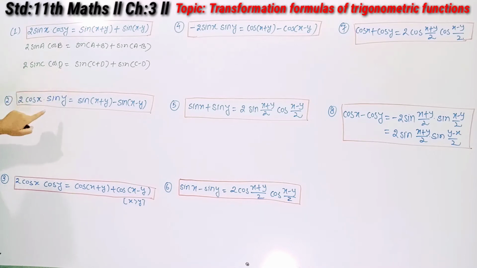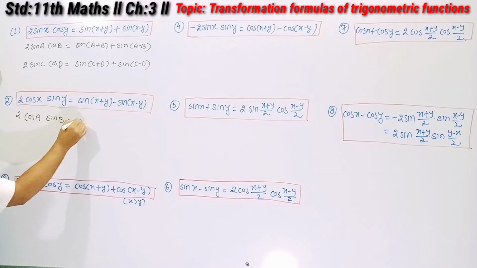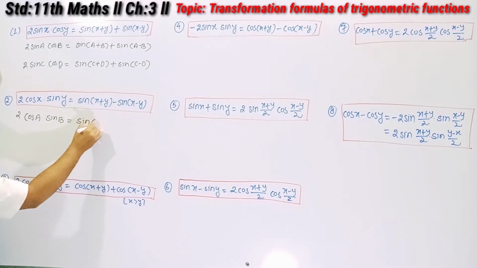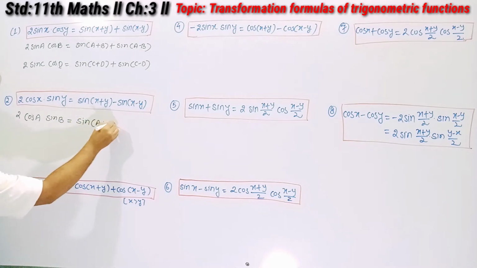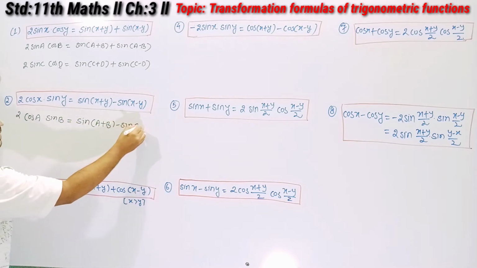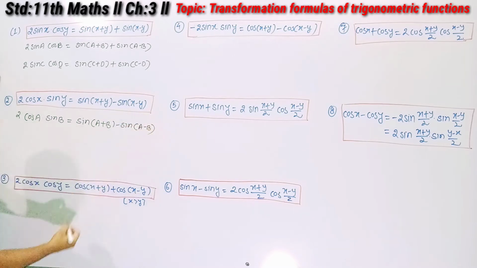Now the next is 2 cos x sin y, which is sin(x plus y) minus sin(x minus y). So 2 cos a sin b is equal to sin(a plus b) minus sin(a minus b).